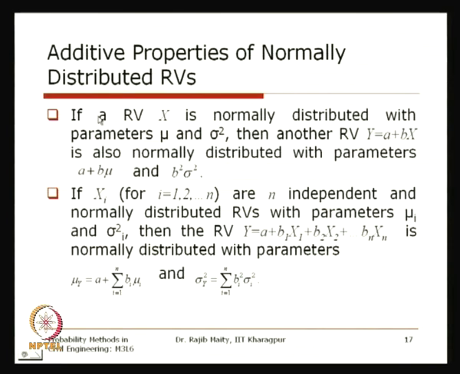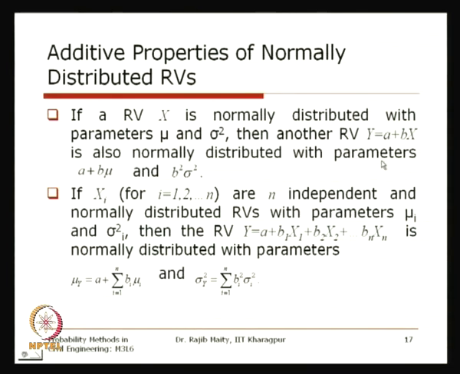If a random variable x is normally distributed with parameters mu and sigma, as we discussed, the normal distribution having two parameters mu and sigma, and we get another random variable related to the earlier one, x, through the equation y equals a plus bx, that is, the random variable is multiplied by b and added to a, then this y will also be normally distributed.